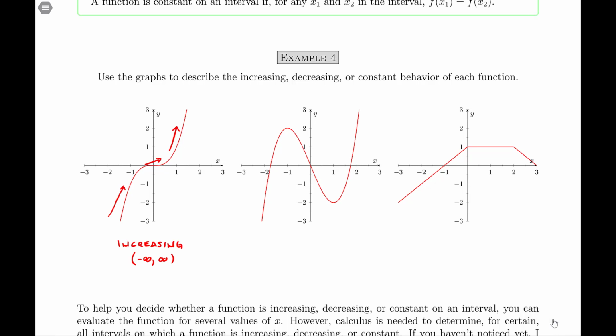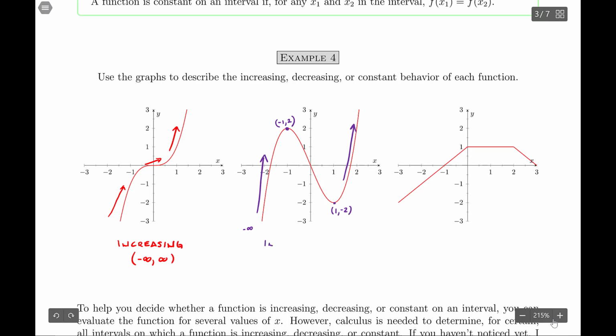Our second graph is not quite the same. It's increasing here and here. So we'll say from negative infinity, and this looks to be negative 1, 2. That's what it looks like. And then this is positive 1, negative 2.